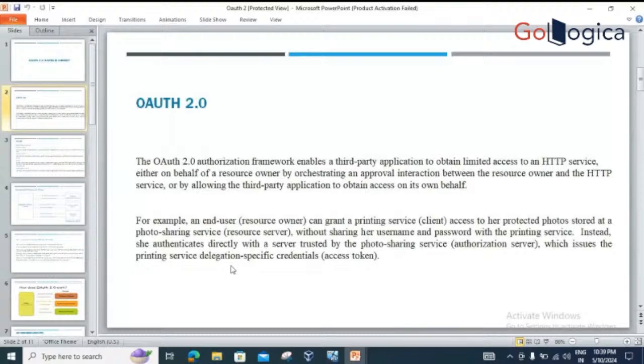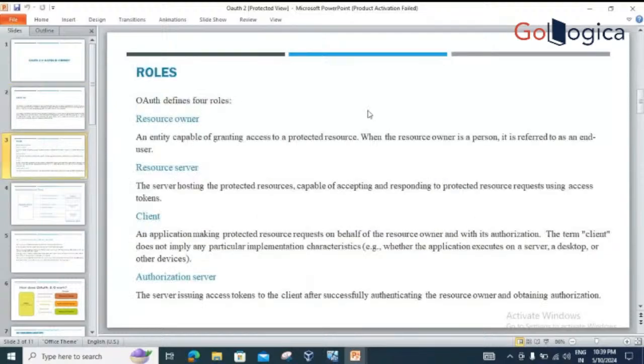There are some roles defined in OAuth: resource owner, resource server, client, and authorization server. These four entities are the roles in which OAuth happens.